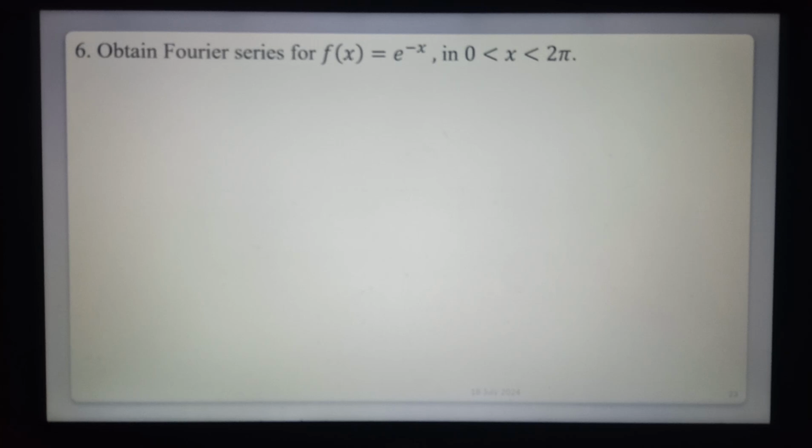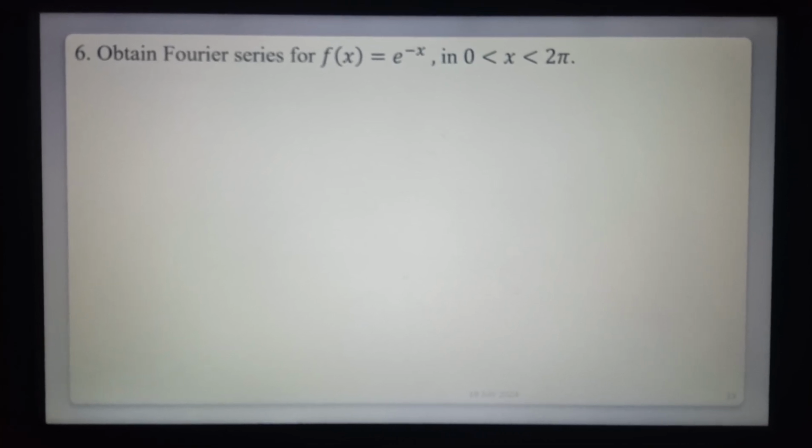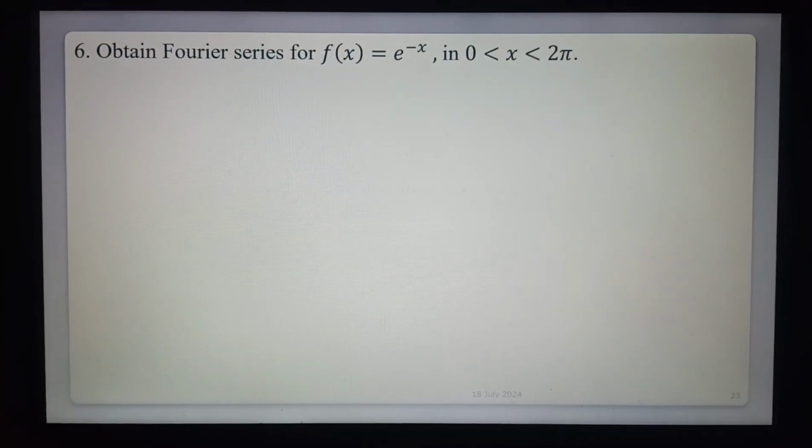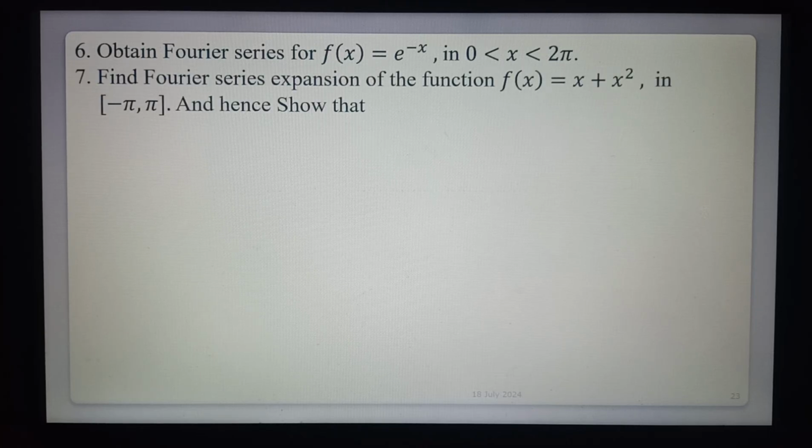So obtain Fourier series of f of x is equal to, okay, obtain Fourier series for f of x is equal to e to the power minus x, also a very important question. Okay, next one, find Fourier series expansion of the function f of x is equal to x plus x square.